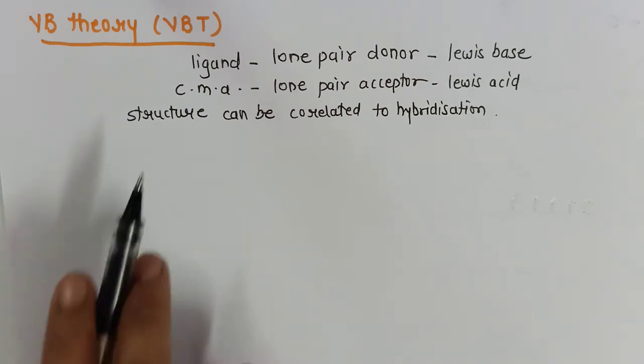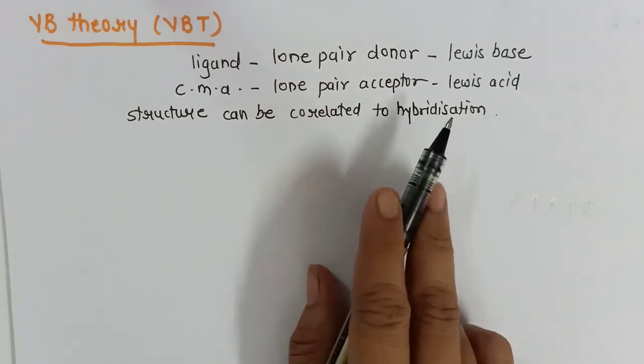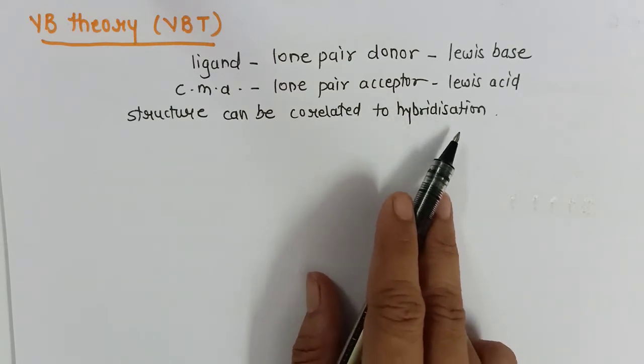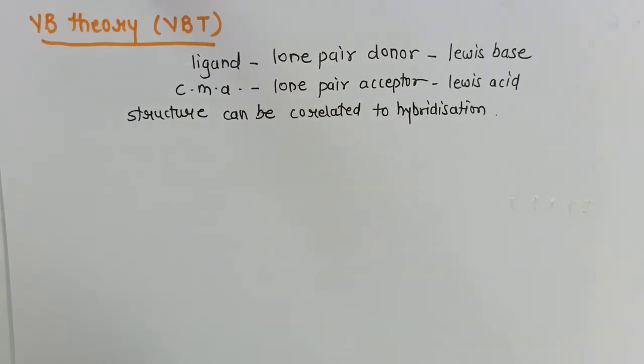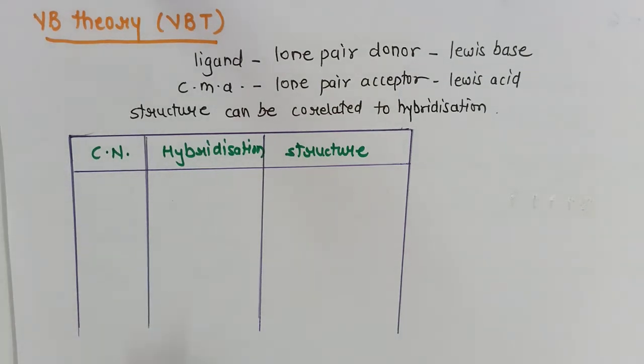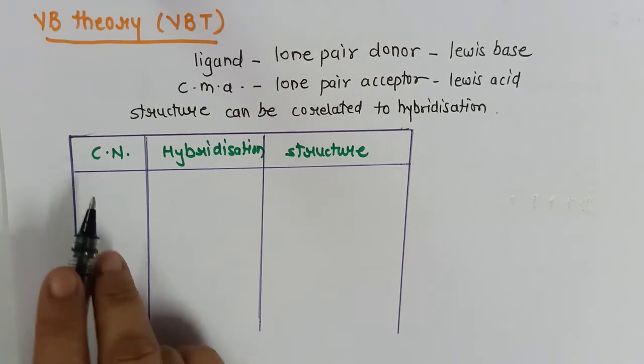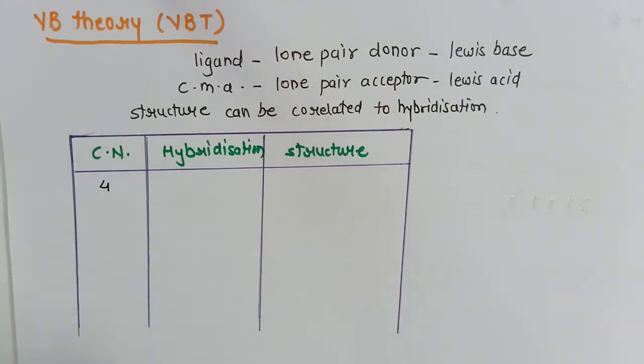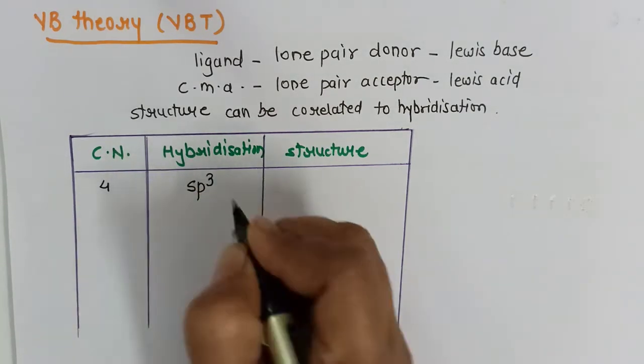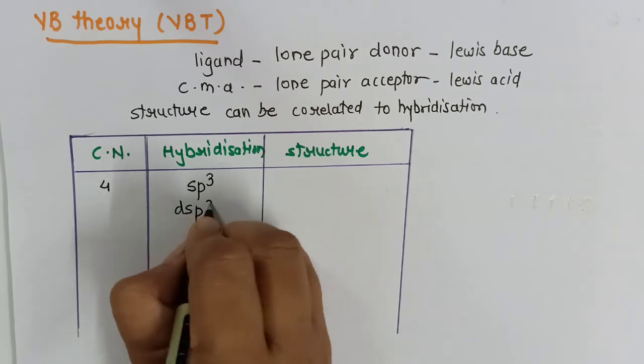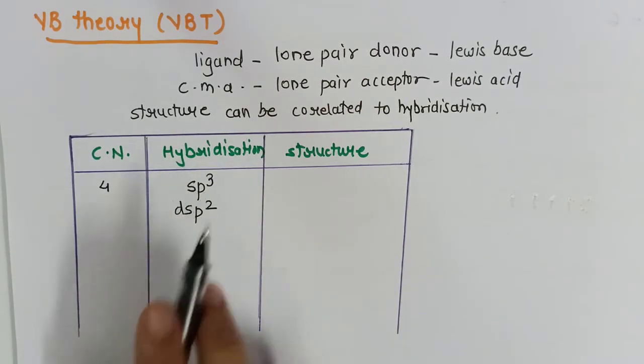Now, how can the structure be correlated to hybridization? Not only that, we'll see how it can be correlated to the coordination number also. If the coordination number of the complex is 4, then there are two types of hybridization possible. One is sp3 and another is dsp2. In both these cases, the structure will be different.